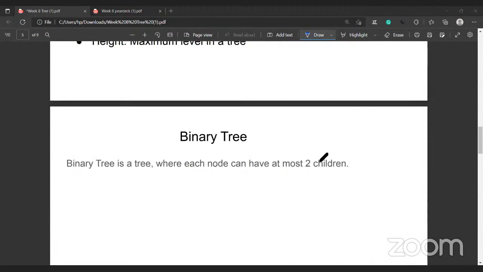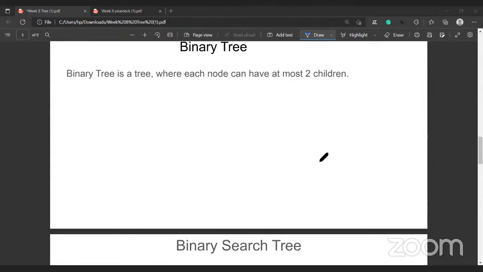Okay, so now we'll discuss binary tree. A binary tree is a tree where each node can have at most 2 children. Again, I am repeating. A binary tree is a tree where each node can have at most 2 children. It can have 0 children also. It can have 1 child also, and at most 2 children, like this.